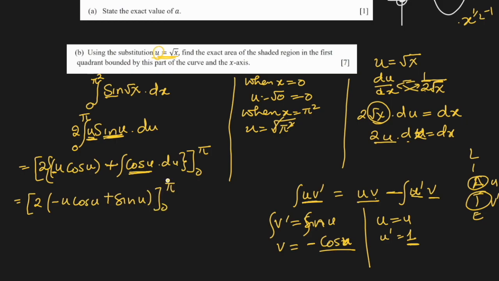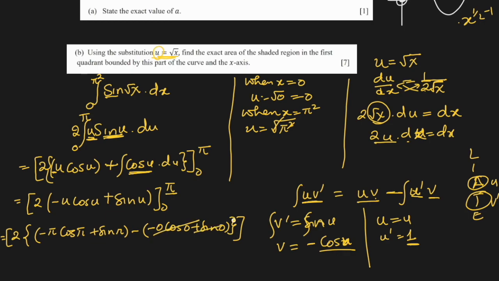Okay, so let's substitute now 0 and pi. 2 remains outside. When I substitute pi first, it becomes minus pi cos pi plus sin pi, minus, minus 0 cos 0 plus sin 0. I didn't write plus c here, but for these definite integrals c gets cancelled out, that's why it's not important.